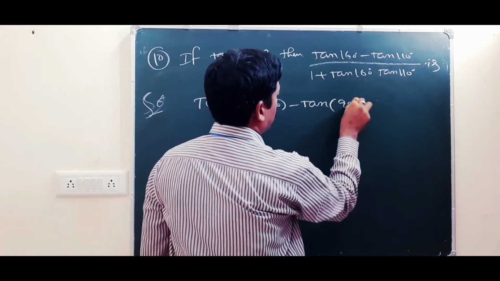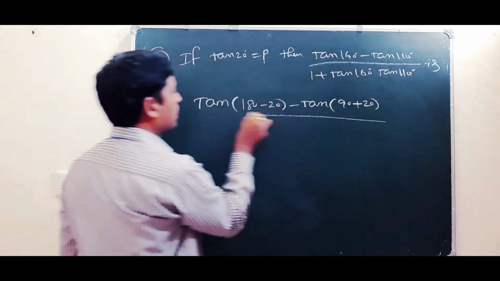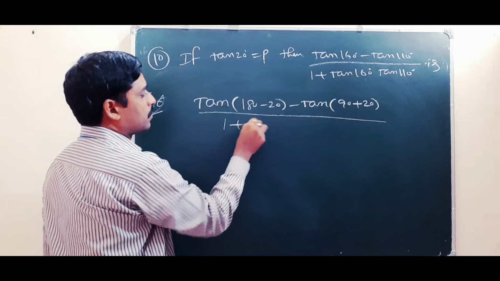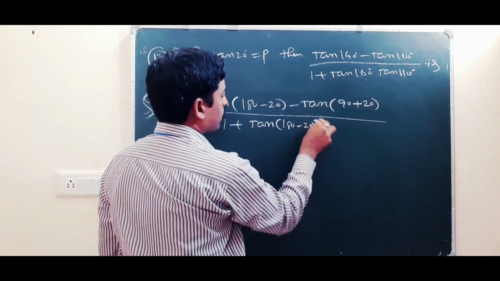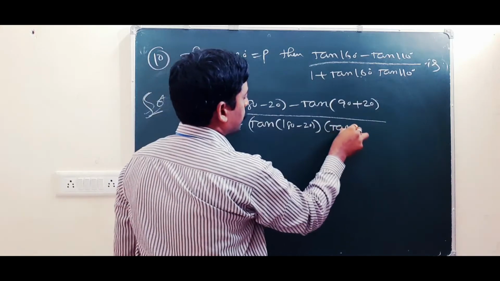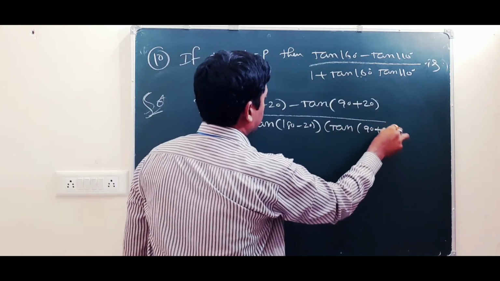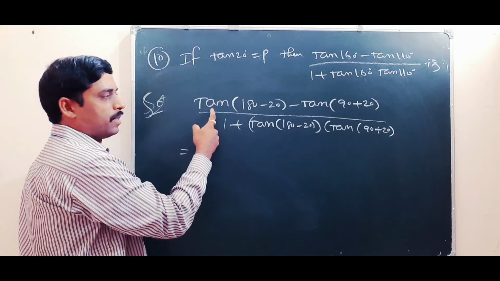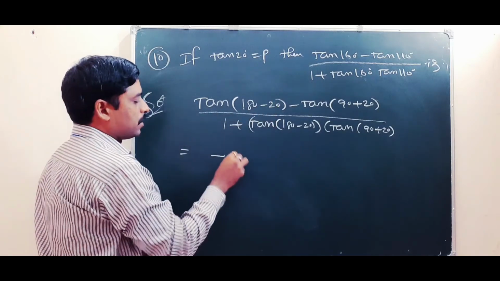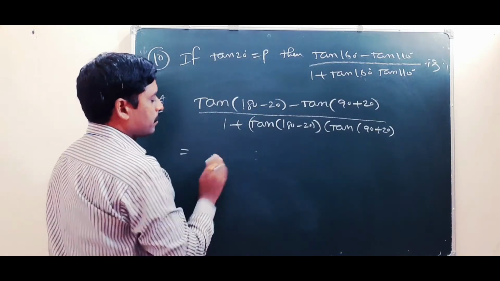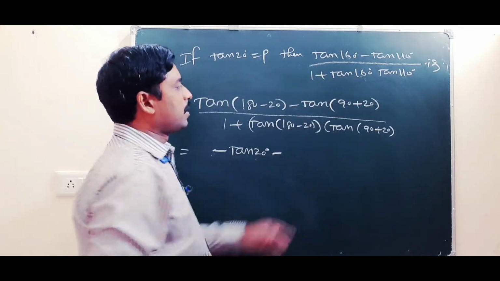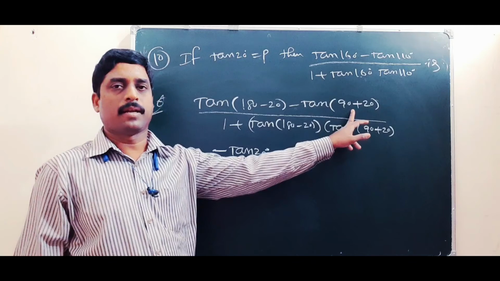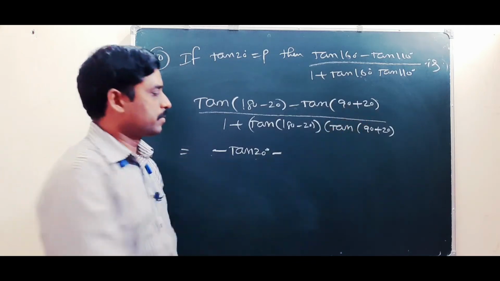This is written as 90 plus 20, upon, in the denominator also the same, 160, which is written as 180 minus 20, into tan 90 plus 20. We have tan 180 minus theta is minus tan theta. So minus tan 90 plus theta, tan 90 plus theta is minus cot theta.